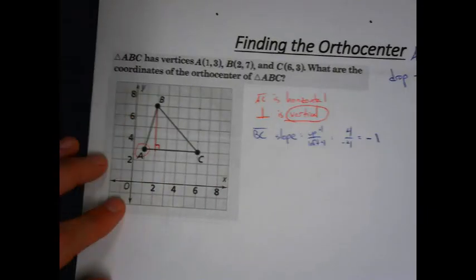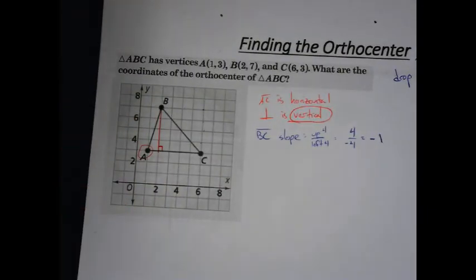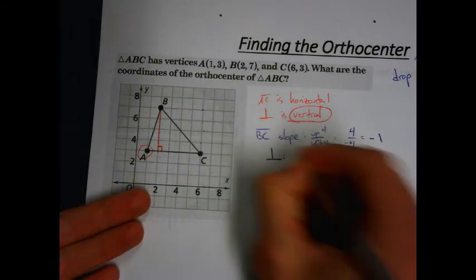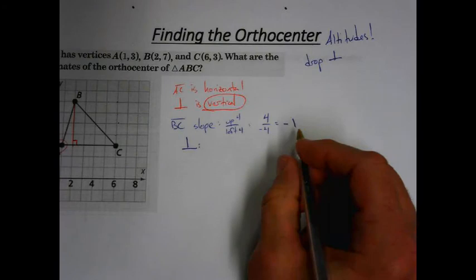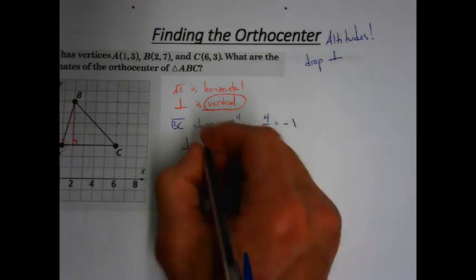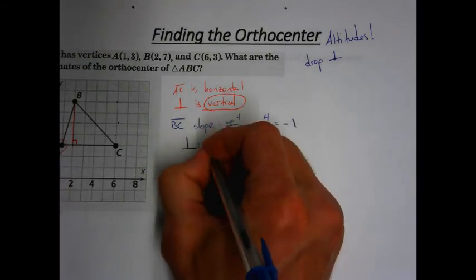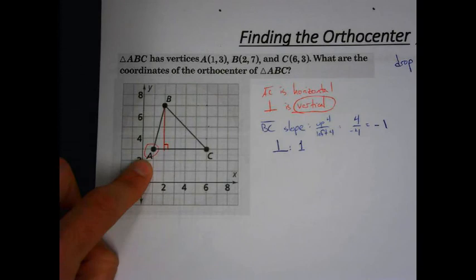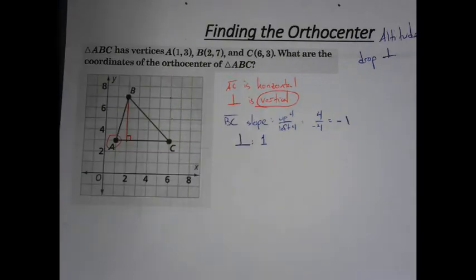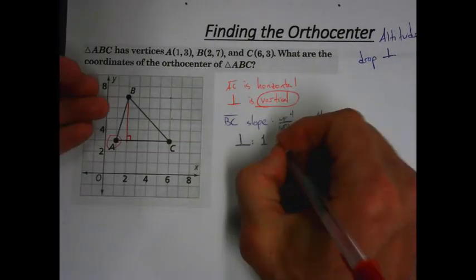But we're dealing with dropping a perpendicular. So what would be perpendicular to negative 1? If you flip negative 1 and change its sign, the opposite reciprocal of negative 1 is positive 1. The perpendicular slope is positive 1. So from vertex A, we're going to count a slope. How do we count a slope of 1?